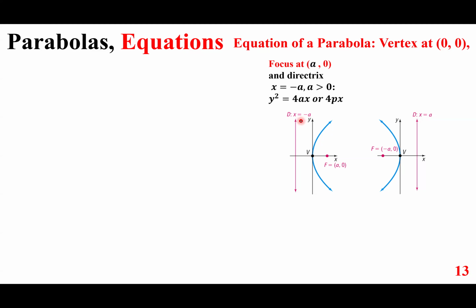Okay. Now, if it opens sideways, you start with the vertex and you realize that the focus is inside the parabola and the directrix is outside. And this distance is identical to this distance, which we call the focal distance. And you can easily figure out the coordinates for this one and the equation for this.